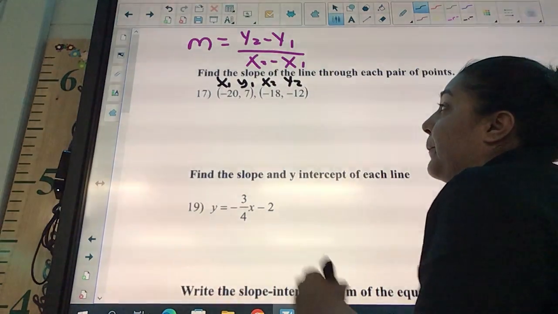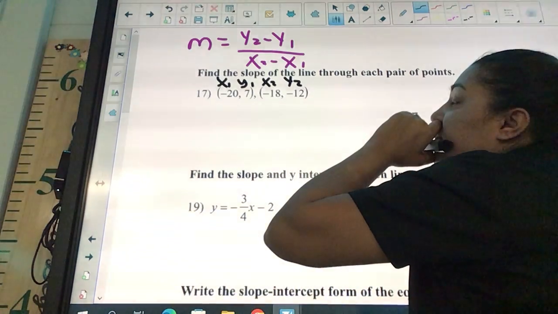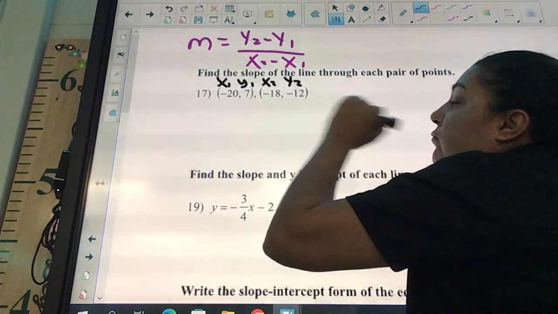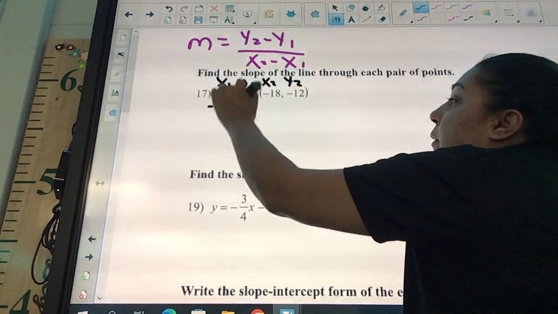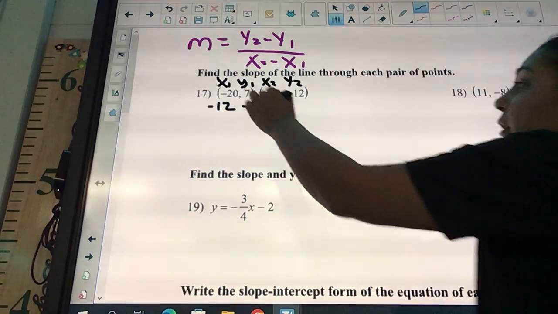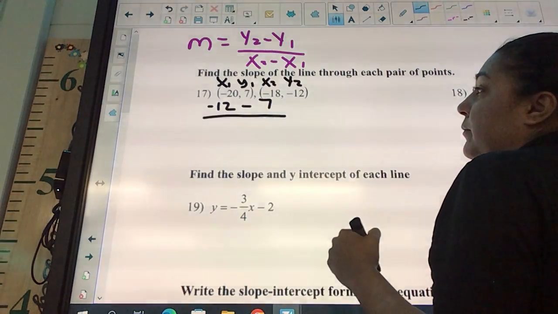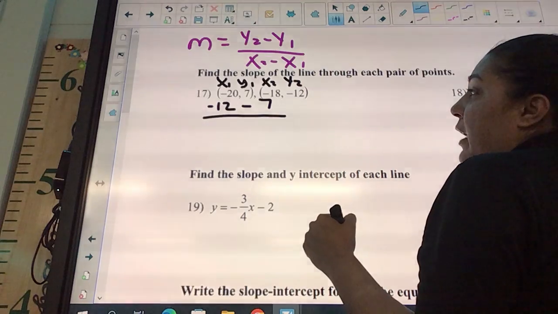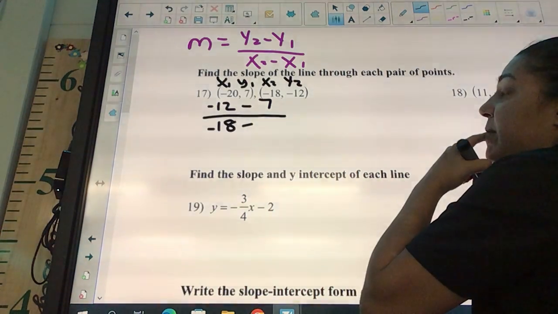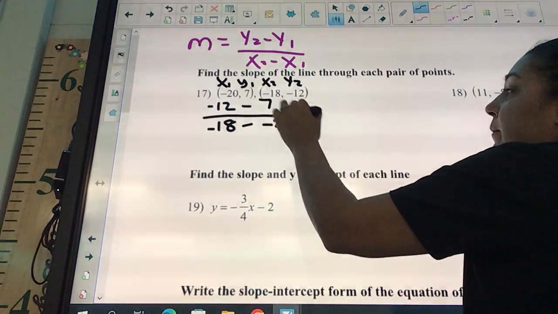What comes first? 7 minus, what is it? -12 minus what? 7 over. What's X2? -18 minus X1. -20.